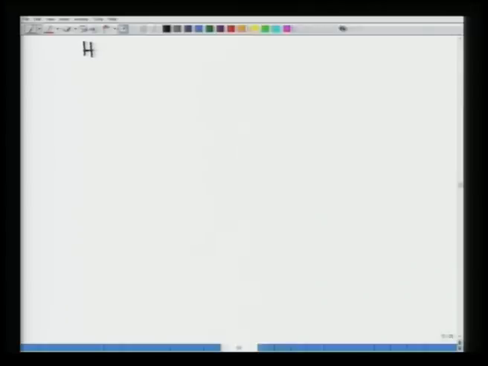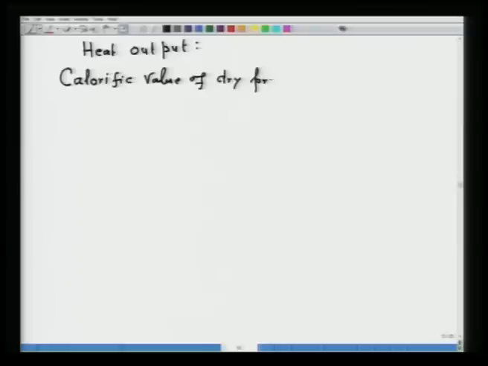So, heat output now comprises first of all the calorific value of dry producer gas.